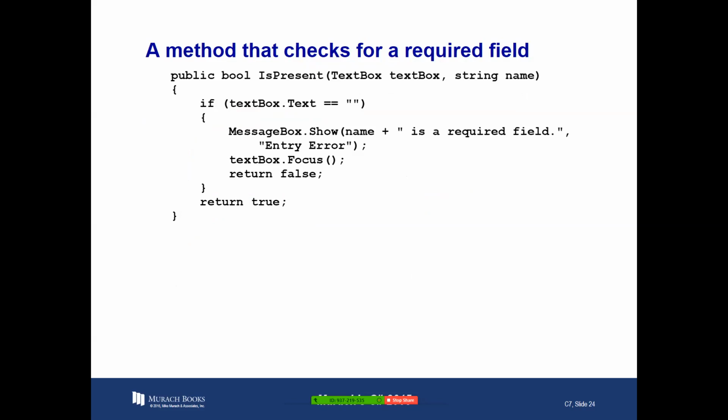And this is a method which checks for a required field. And by a required field, all we're saying is that you got to enter something into this text box. If you don't enter something into the text box, then that's an error. So all you have to do is check to see if it's not blank. If it is blank, then you want to display this error message.